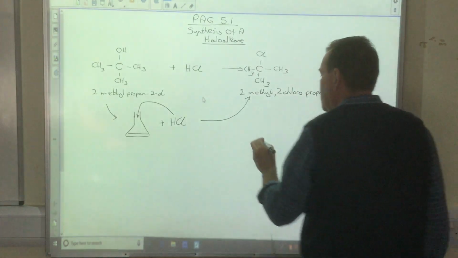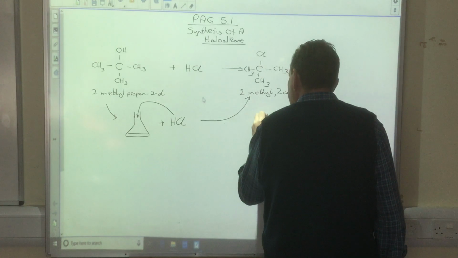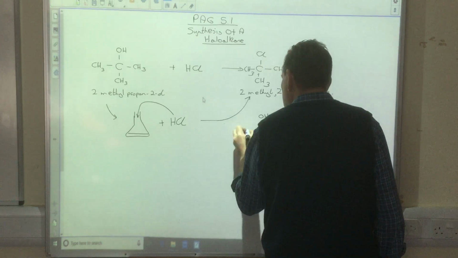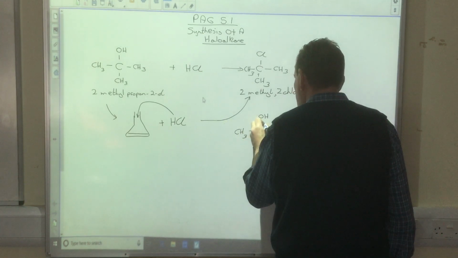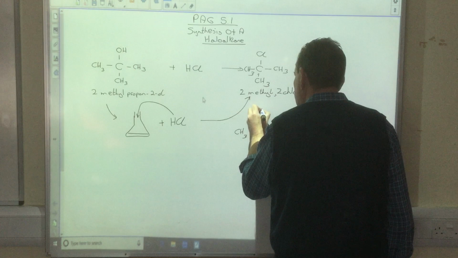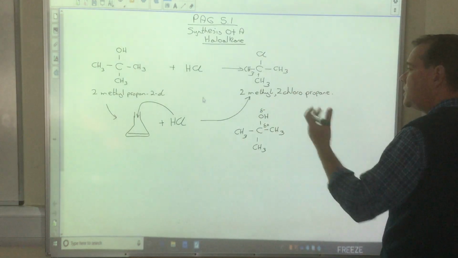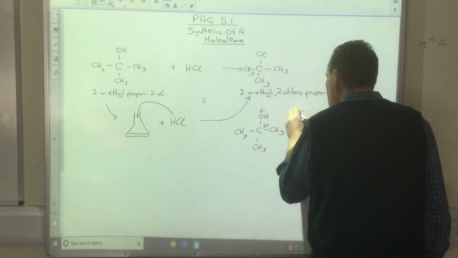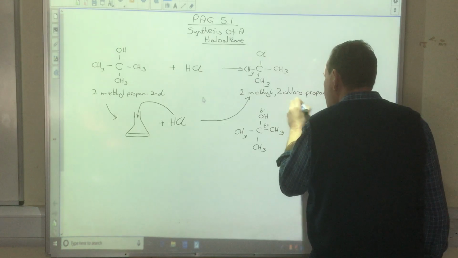Now I'll show you the mechanism for this as an aside, because you're not that familiar with these. It's dead straightforward. What you have here is your alcohol, and you're going to have a delta plus, delta minus polarity between the C and the O. This is the backwards one from the one I showed you earlier. You've got the chloride nucleophile right there.